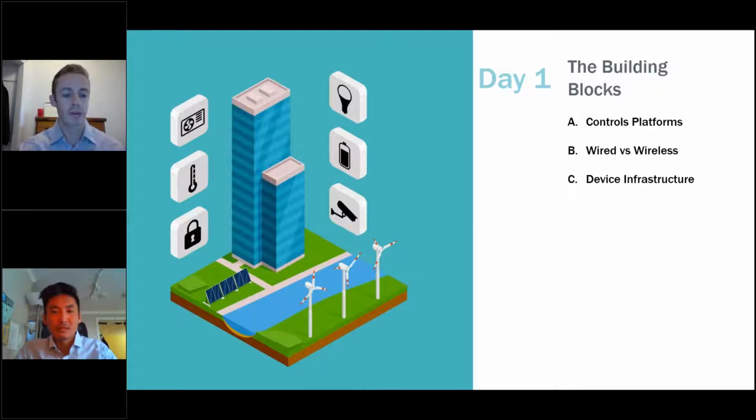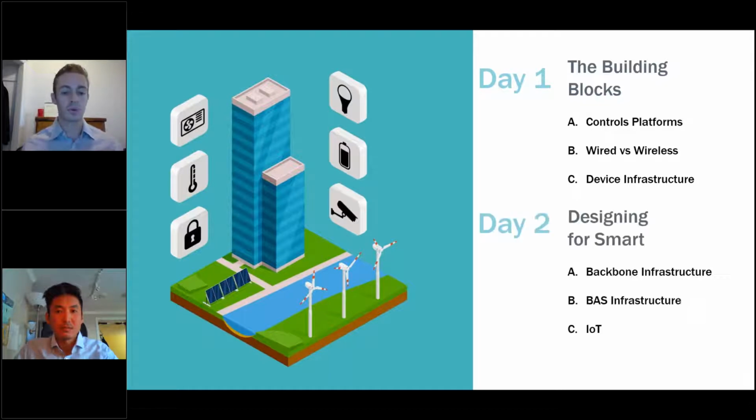Yesterday, these are all the action items we went through. We discussed why a controls platform is necessary, how a controls platform communicates either wired or wirelessly, and all the various field devices that are going to comprise our platform. Today we'll expand upon that, and we'll talk about how relays, sensors, switches, and luminaires are going to connect to an upstream system controller.